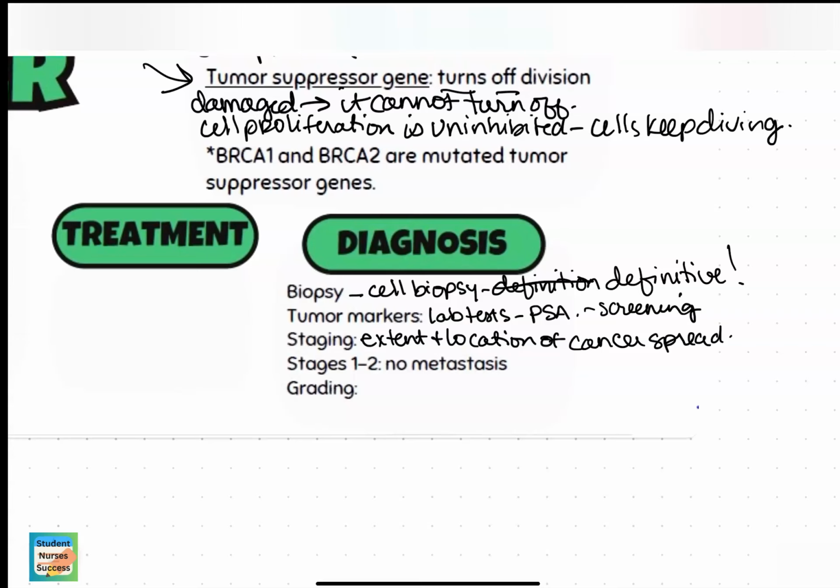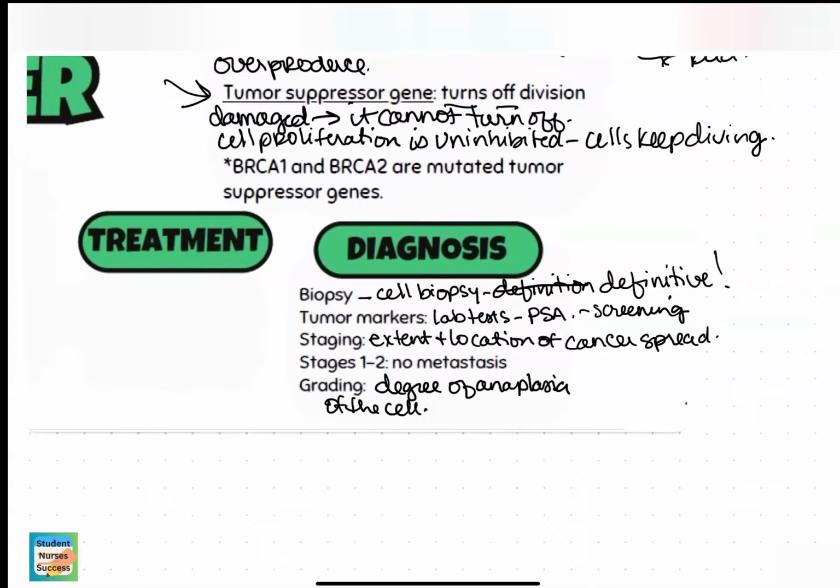Once we get into stages 3, 4, or 5, it is in multiple locations. And grading of the cell is done to identify the degree of anaplasia. Staging and grading help us with prognosis and treatment plans.